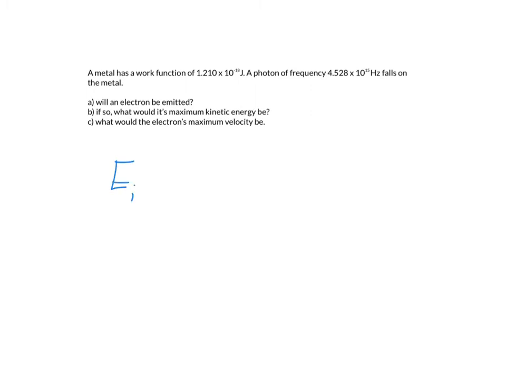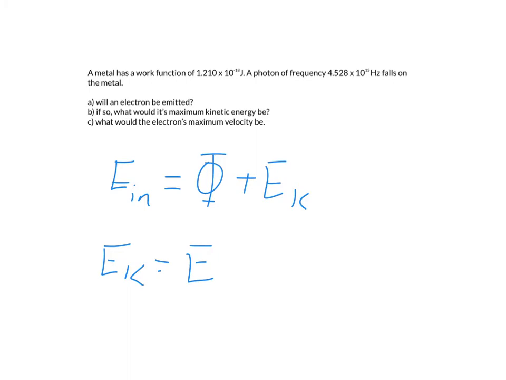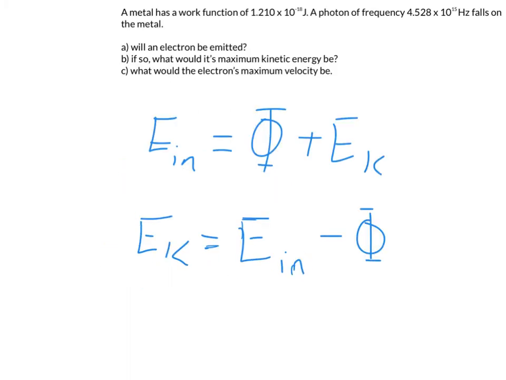So the energy in should be equal to the work function plus the kinetic energy. Or if we want to rearrange this, we'll get that the kinetic energy is equal to the energy of the incoming photon take away the work function. This formula makes sense because the kinetic energy will be what's left over when we take away the work function from the energy of the incoming photon.